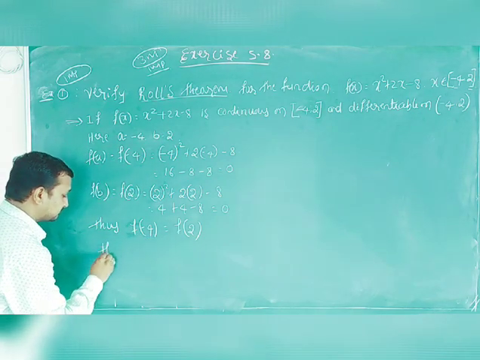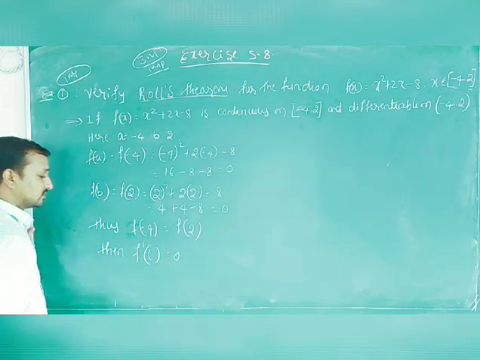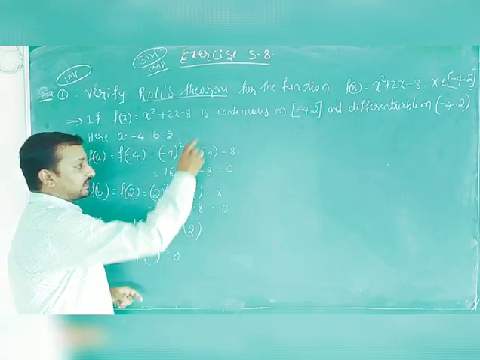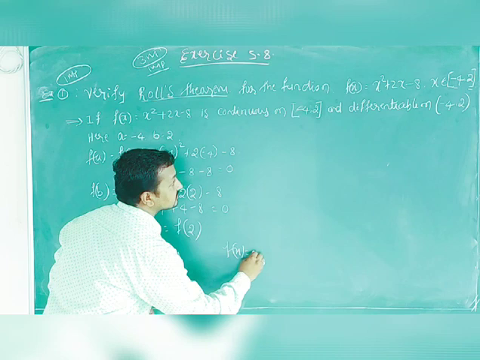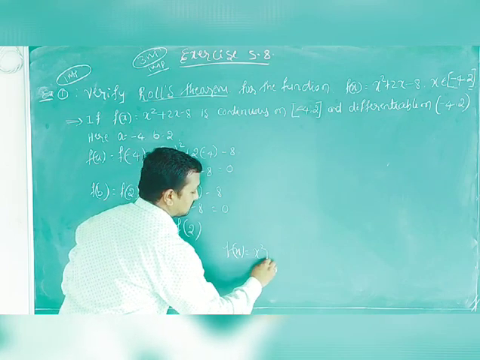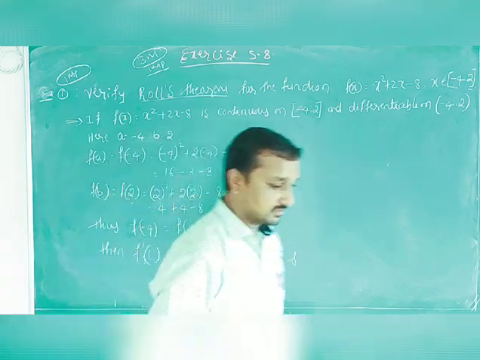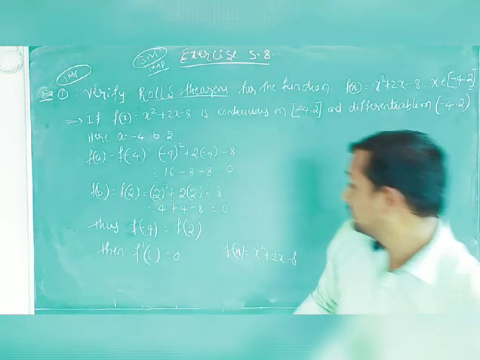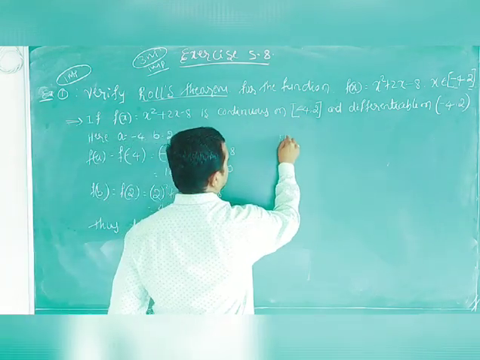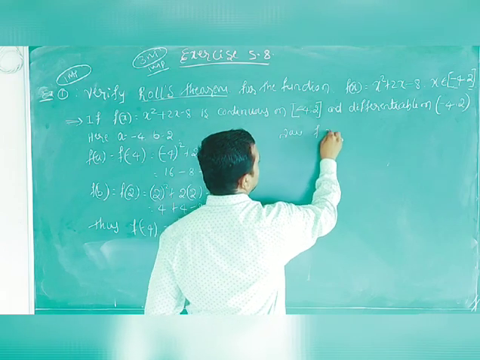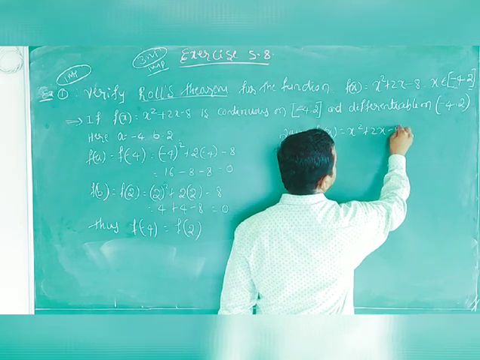Then f'(c) equals 0. So what is f'(c)? Already we know f(x) is x² + 2x - 8.